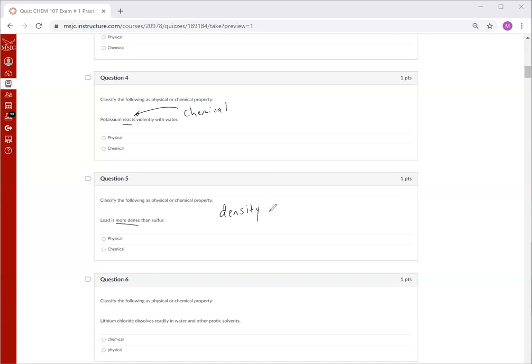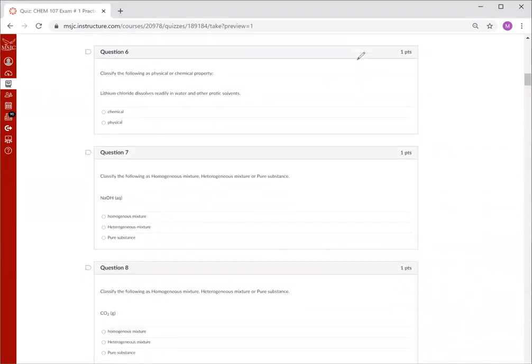So density is a physical property. Any questions on these two examples? Does this make sense so far? Yes. Perfect. So allow me to clear and we'll scroll down.